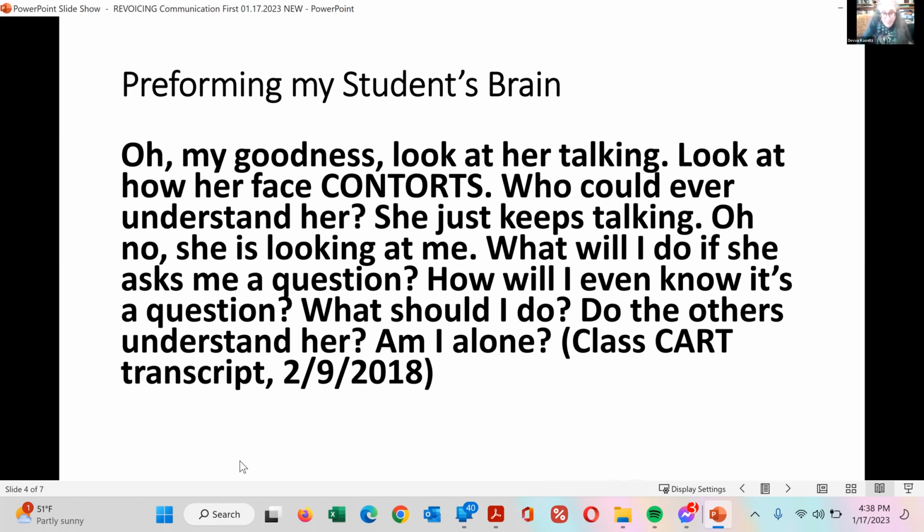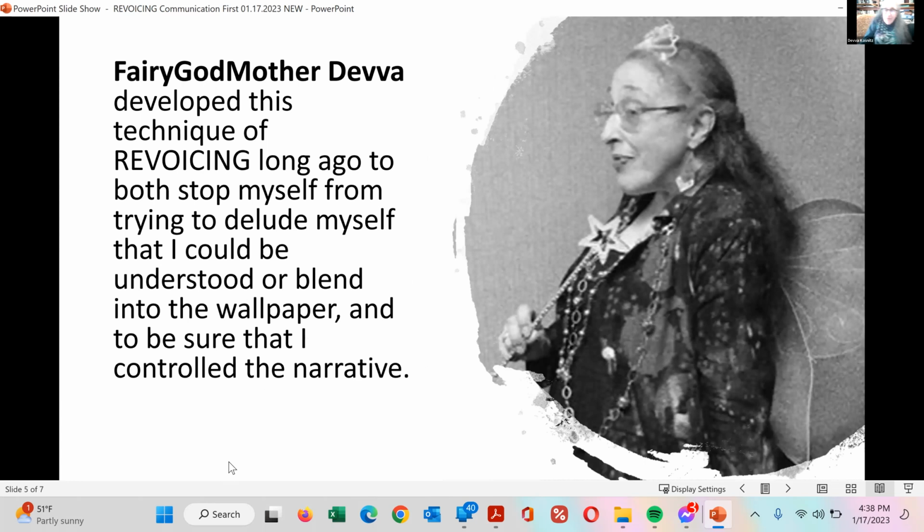And then I introduce my revoicer. Devva with wings. Fairy godmother Devva. I developed this technique of revoicing long ago to both stop myself from trying to delude myself that I could be understood or blend into the wallpaper, and to be sure that I control the narrative.